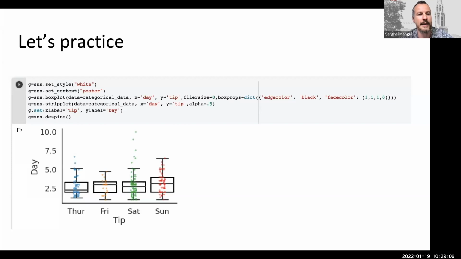The disadvantage of this default setup is that you don't have many possibilities, only poster, talk, paper, and notebook, but that can be sufficient, because otherwise, if you want to customize it, it will take a lot of lines of code. So we will not go there. We'll just stay with the 4 types.